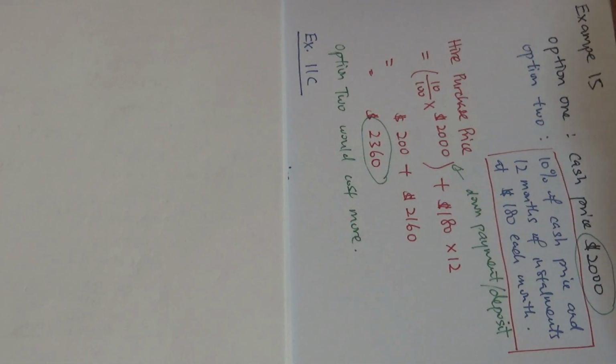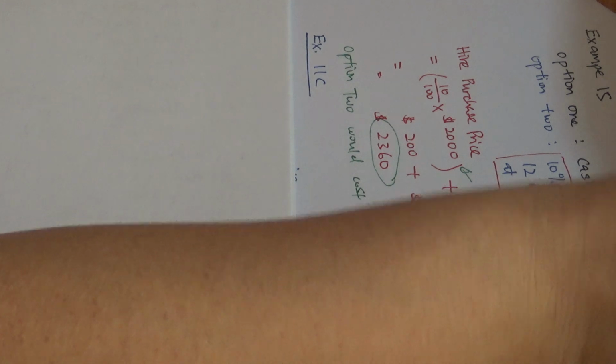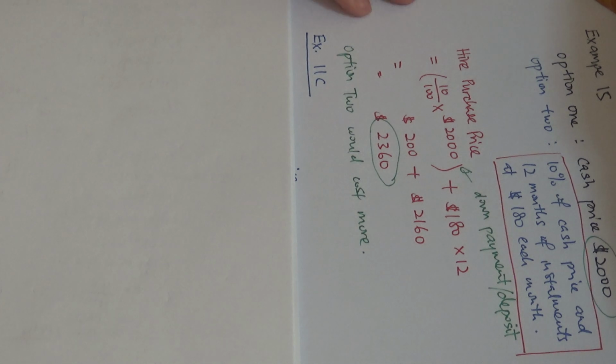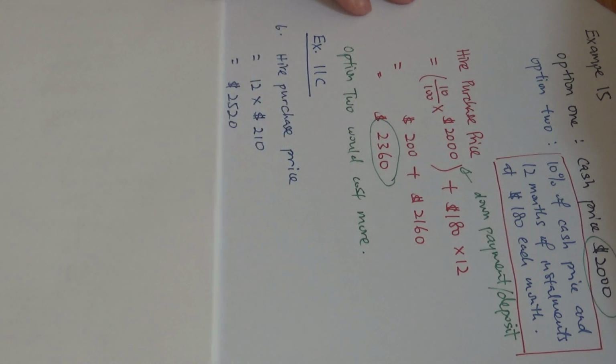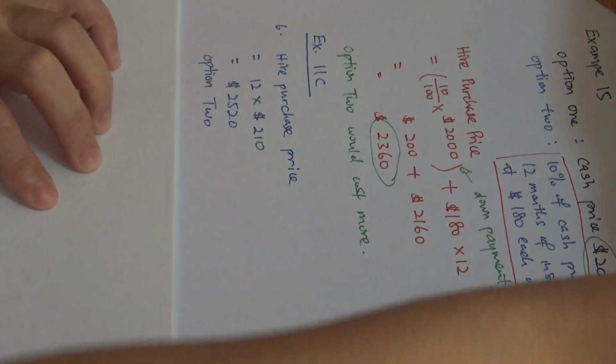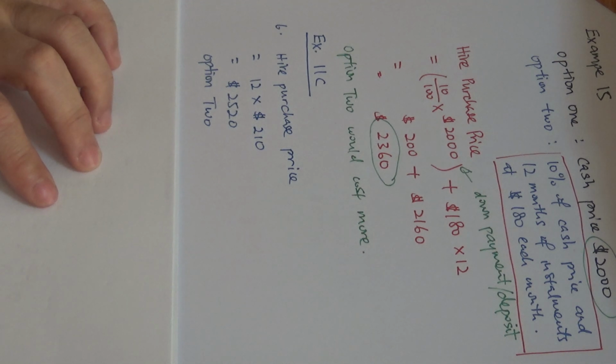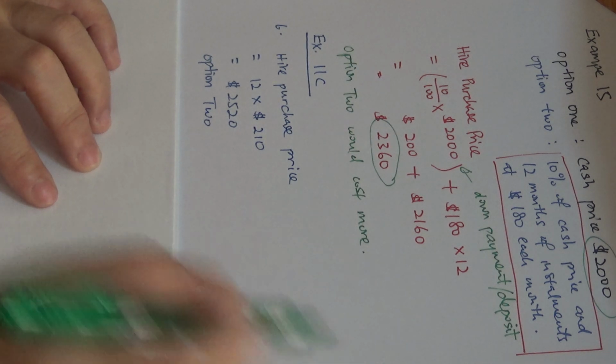Now I'm going on to exercise 11C, your homework. Alright, exercise 11C. Now we are going to go through question 6 first. Let's look at question number 6 of your exercise 11C. This is found on page 360. They ask you to calculate the hire purchase price and which option would cost you more.